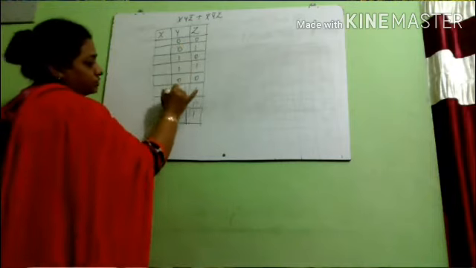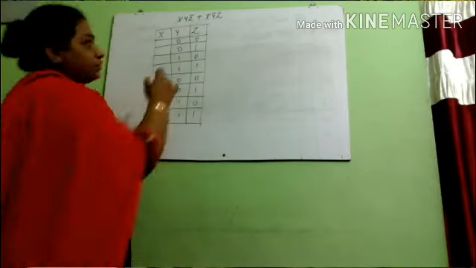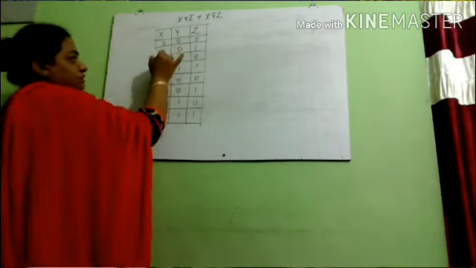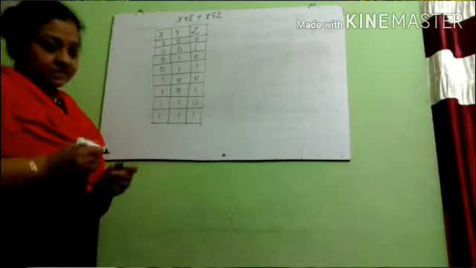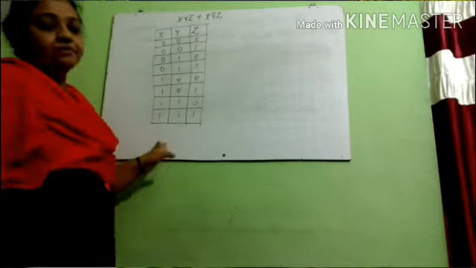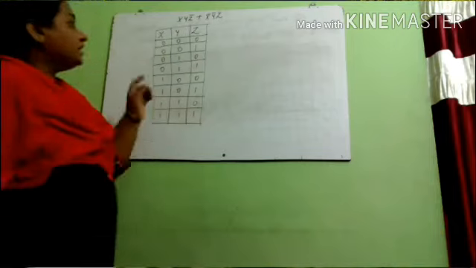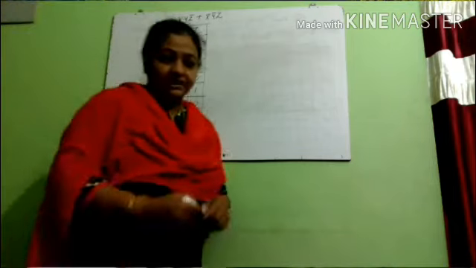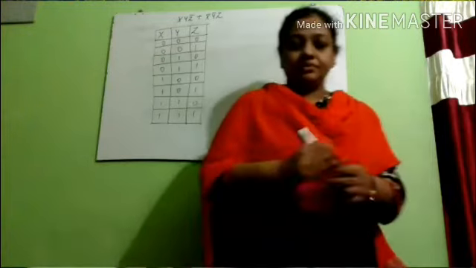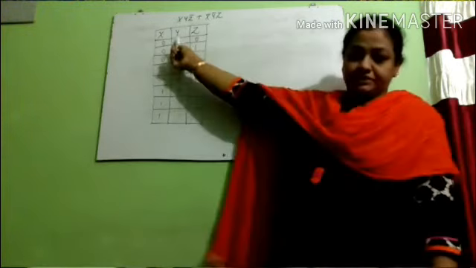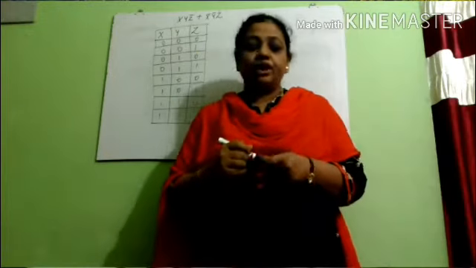So the first values will be 0, 1, 0, 1, 0, 1 and 0, 1. The next variable, that is y, will have 2 zeros, 2 ones, 2 zeros, 2 ones. Then the next bit will change with 4 zeros and 4 ones. This is an easy method of representing the inputs to the given variables.